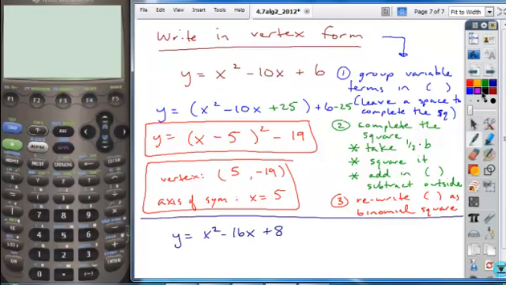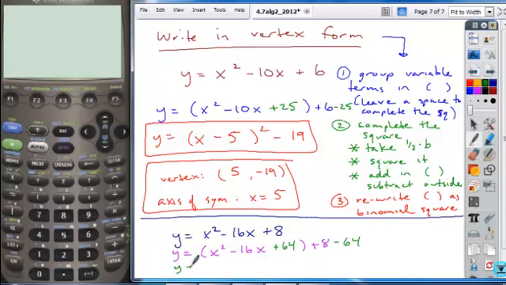All right, the process to go through is to group your variable terms. So in parentheses, we put our two terms with the x, and put our constant on the outside of that. We're going to complete our square. When we complete the square, we take half of our b term, so half of negative 16 is negative 8, square that, plus 64. Now, because we added a 64 on the inside, we have to undo it on the outside, so subtract a 64 on the outside to maintain the balance of that equation.